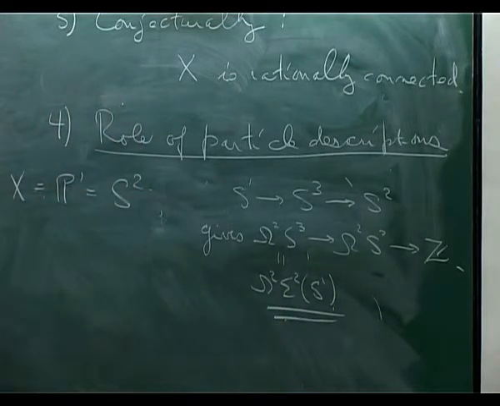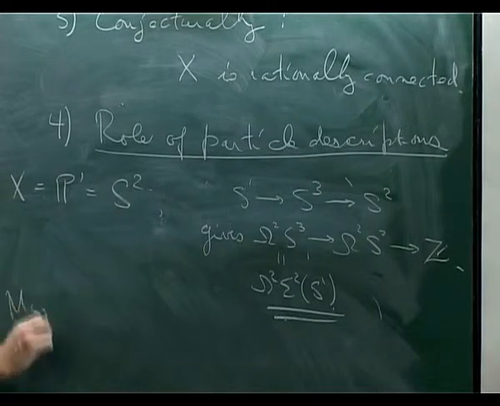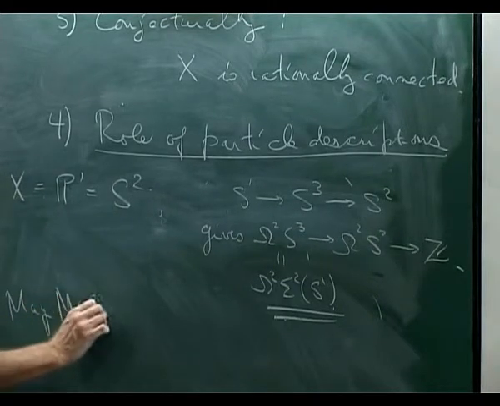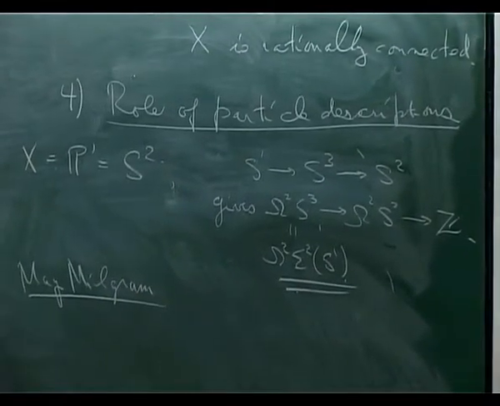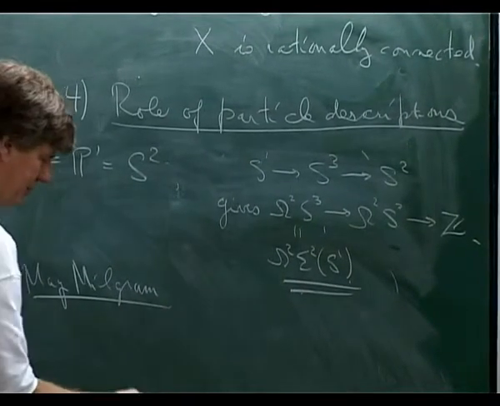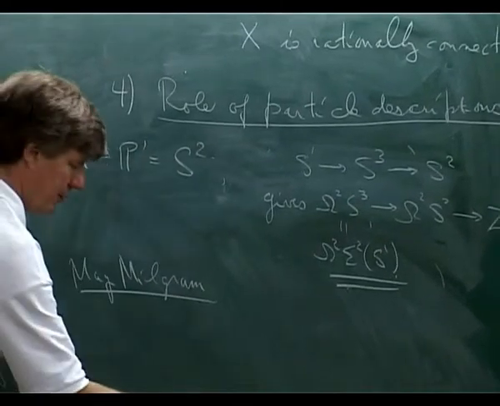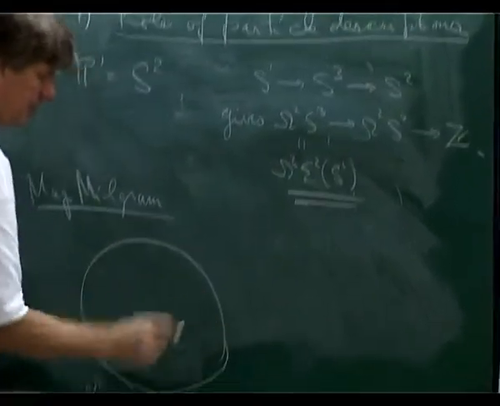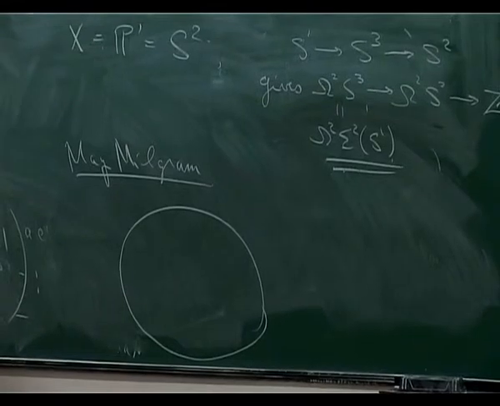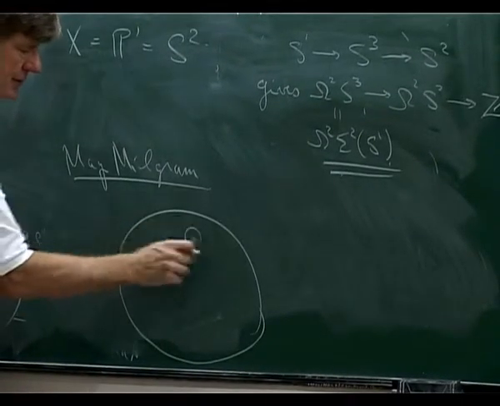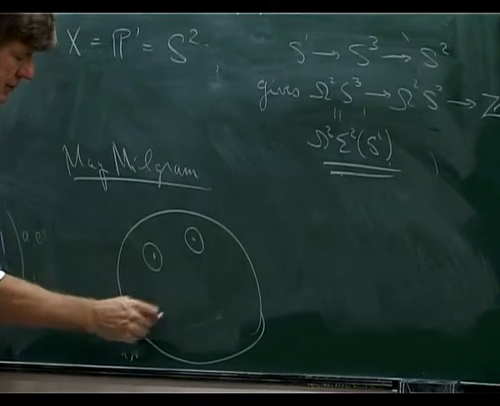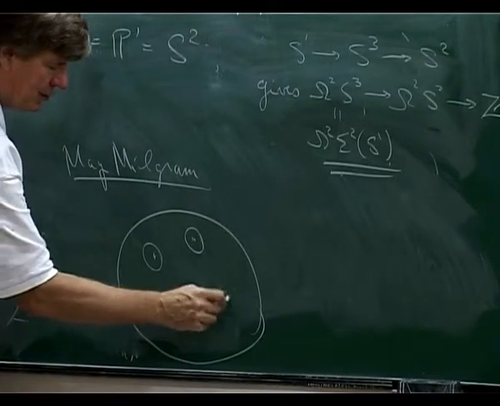Okay. Now, this has the May-Milgram model. And what you do is your source, you think of your source two-sphere, and you say what the map is on this. Well, you choose K points and put little disks around them.